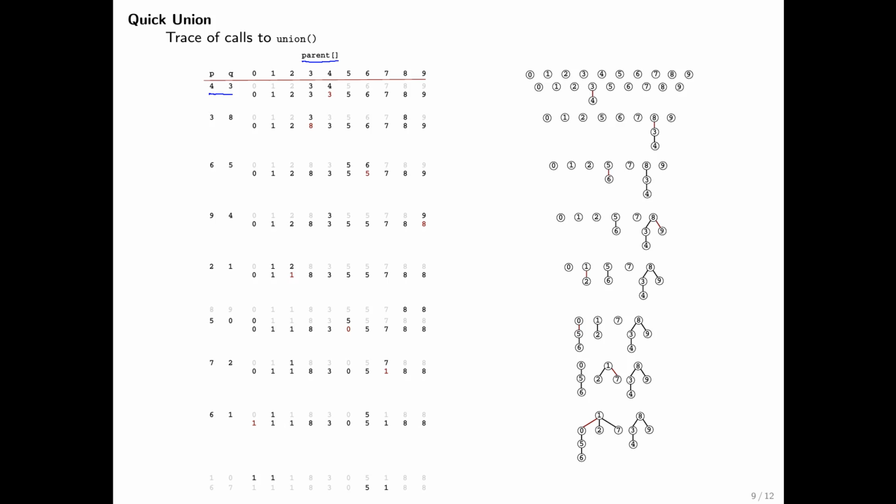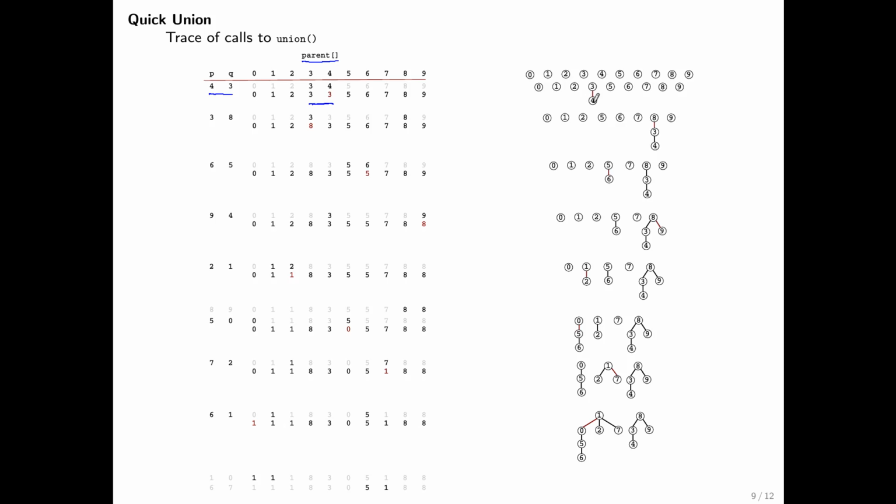Okay, so the new parent of 4 now is whatever the parent of q was, which is 3, and that's what is reflected in this array. Now notice that the parent of 3 is 3 and the parent of 4 is also 3. The way to visually think about this is as follows.